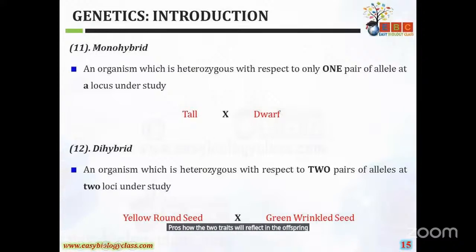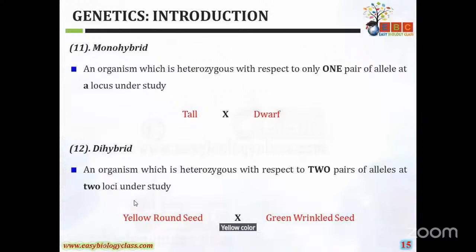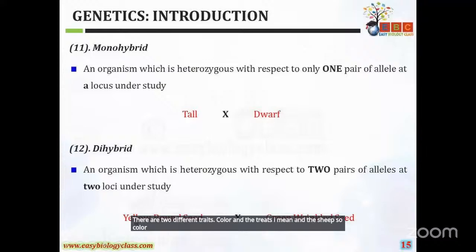So here there are two traits. You are talking of color and the shape of the seed. There are two different traits. Color, that's yellow. Shape, round. We want to know the inheritance of these two traits.